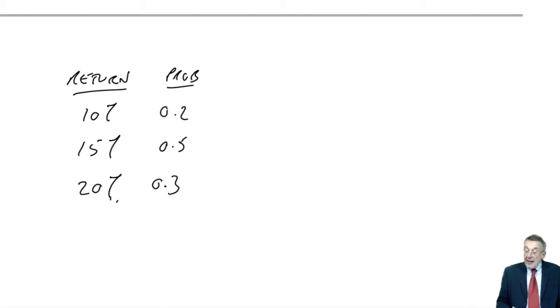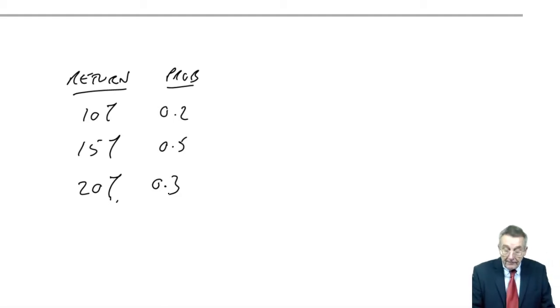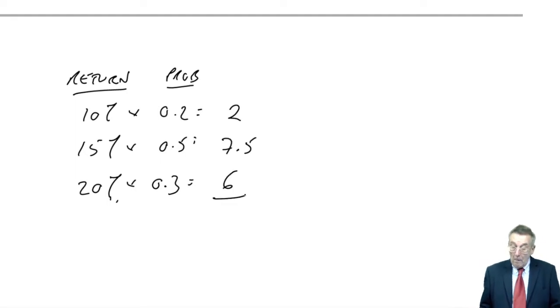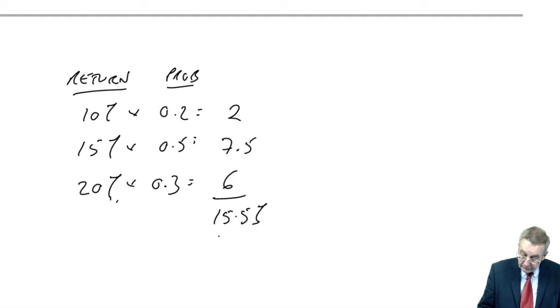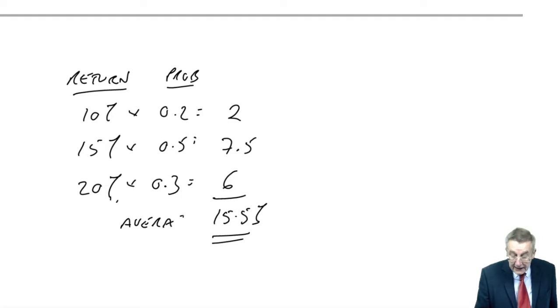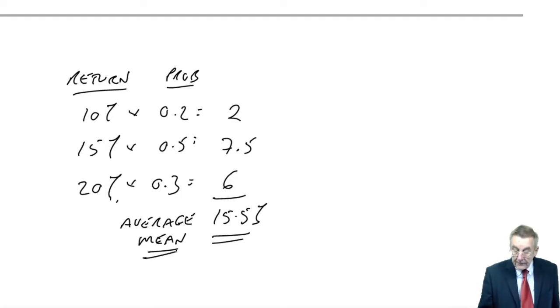And so the expected value, or the average, is found by multiplying by the probabilities and adding up: 2, 7.5, 6, which comes to 15.5. There is the expected value, or the average, or the mean. Mean is another word for average.